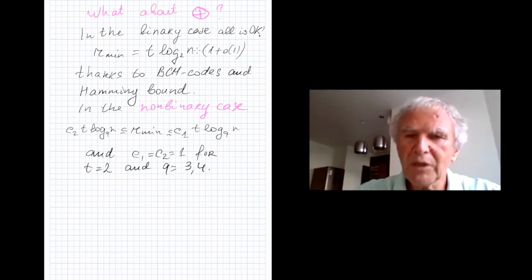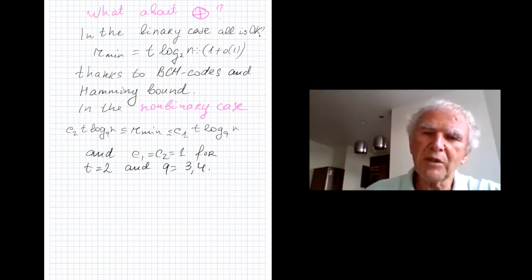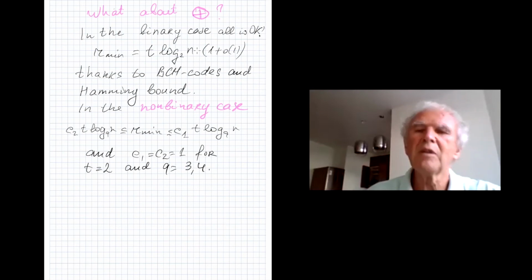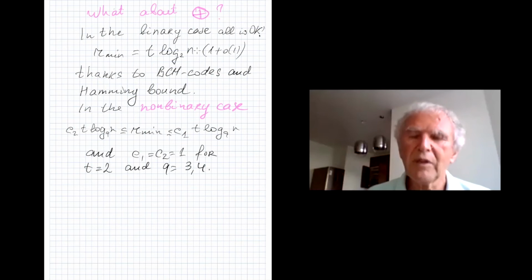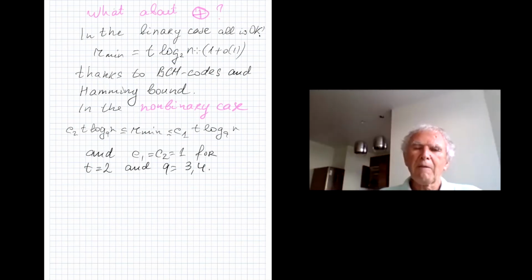And we know BCH codes, which have a parity check matrix with exactly T times log n rows. On the other hand, the very easy Hamming bound tells us that it cannot be less than T log n minus a constant, and the constant is, in fact, binary log of T factorial. So therefore, we know the answer for this case.